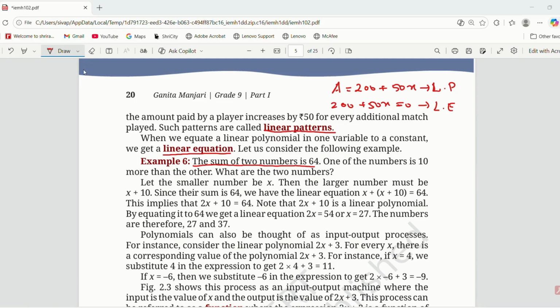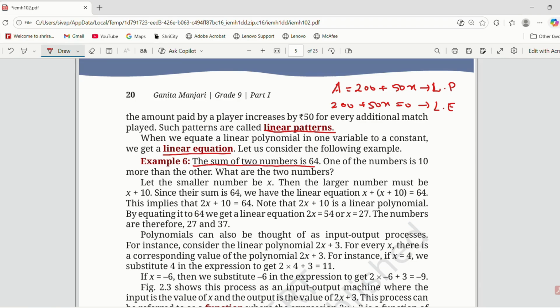So what we are going to do is, let us assume that x and y are the two numbers, because we don't know the numbers, so we have taken our variables x and y. Their sum is 64. So this is clear that if I add x and y, I'll get 64.